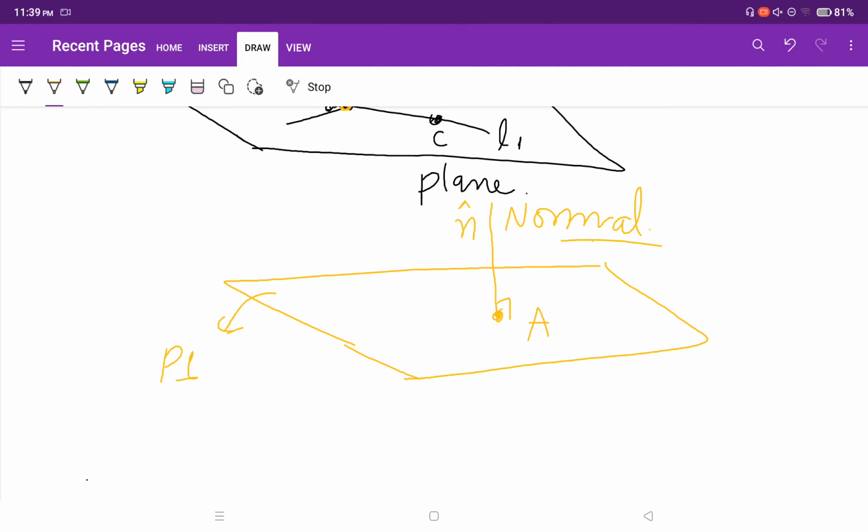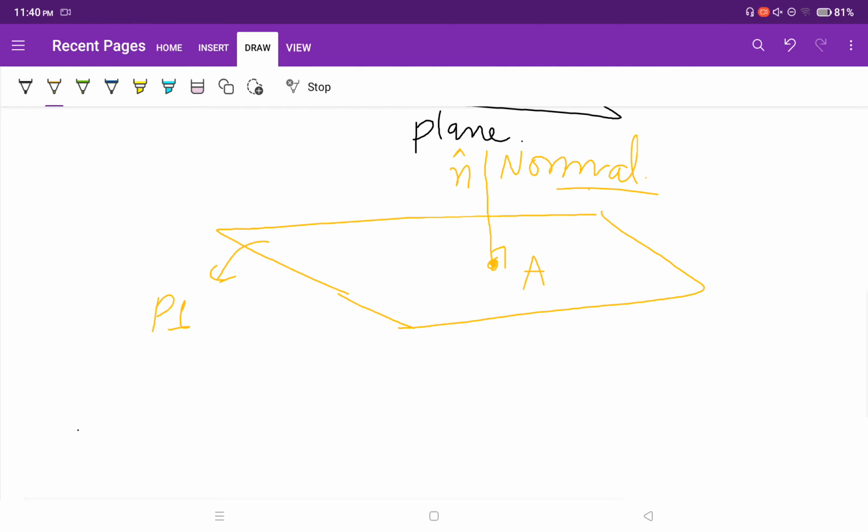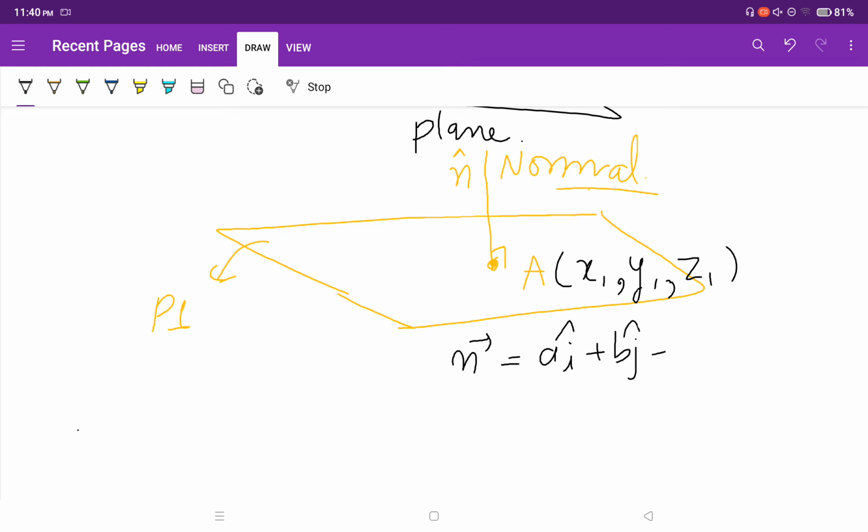If it moves, keeping the 90 degree angle with the normal, it will lose the point A, or if it holds the point A, it will lose what? The 90 degree angle with the normal. So now we have two fixed conditions here: point A with coordinates x1, y1, z1, and a normal vector n vector, where n vector is a i cap plus b j cap plus c k cap.